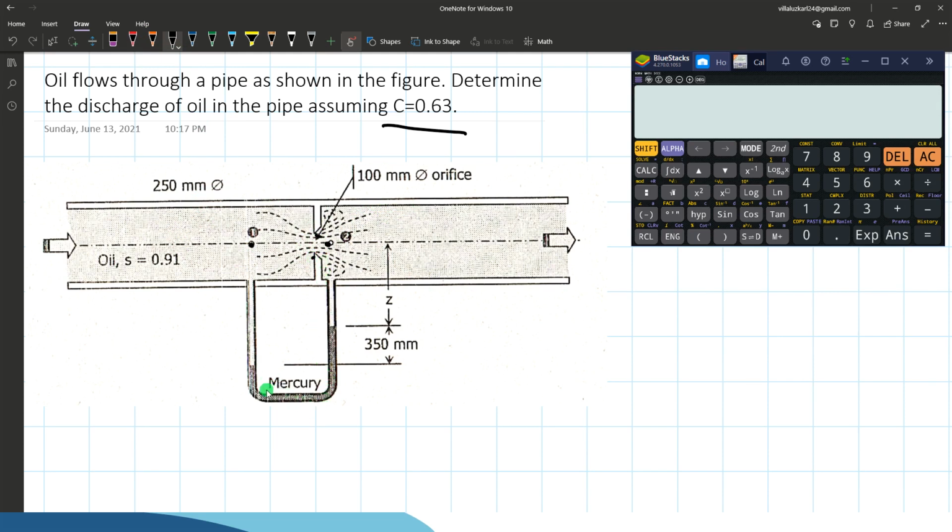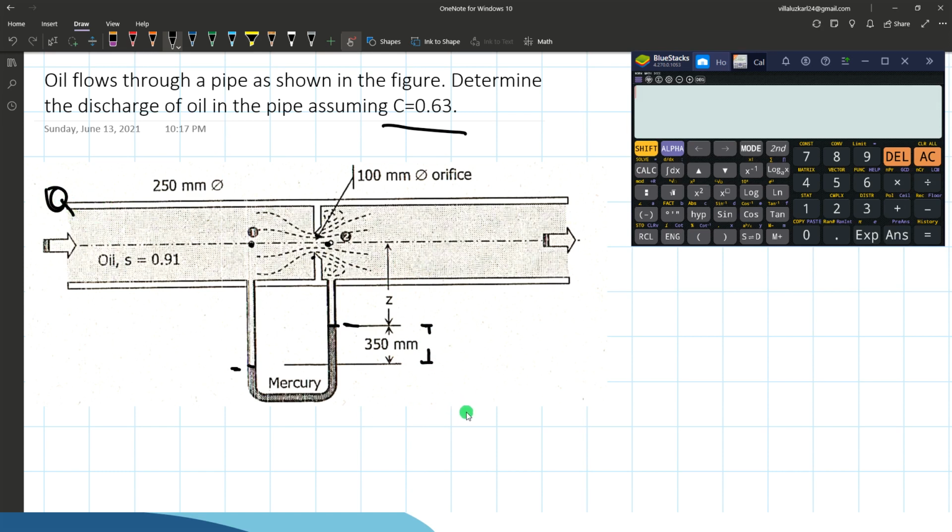Then we use mercury in measuring the pressure head at point 1 and point 2. Point 1 has a pressure head lower than point 2, with a difference of 350 mm. So let's compute now the discharge in this pipe.